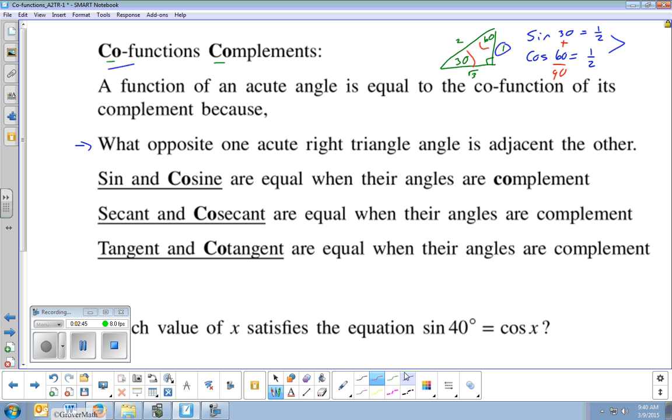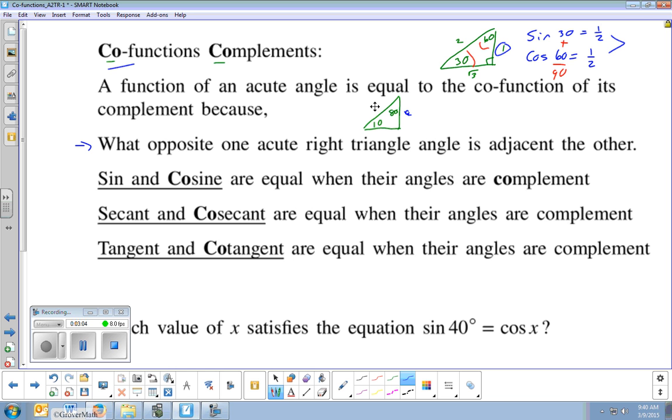So let me draw another picture here and forget about 30, 60, 90. Let's just draw a small diagram here. Let's say 10 and 80. These are not special angles by any means, but sine of 10 is going to be this side over here.